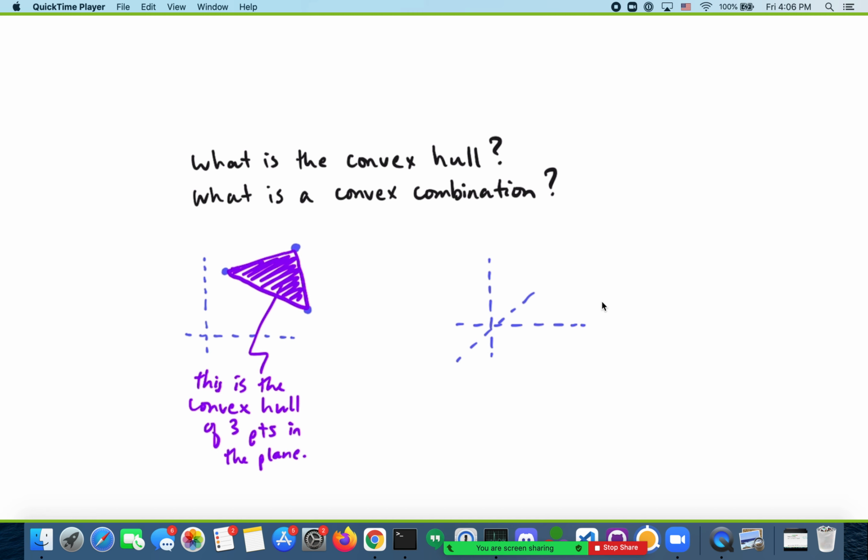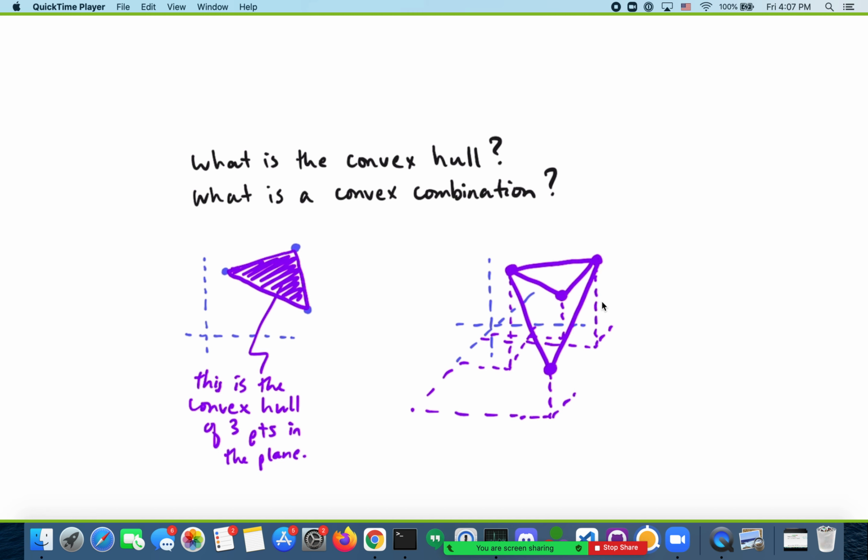Okay, what if I take 4 points? Let's give them some more visual. I'm going to take this point, maybe this point, maybe this point, and maybe this point. Their convex hull is going to be some object.